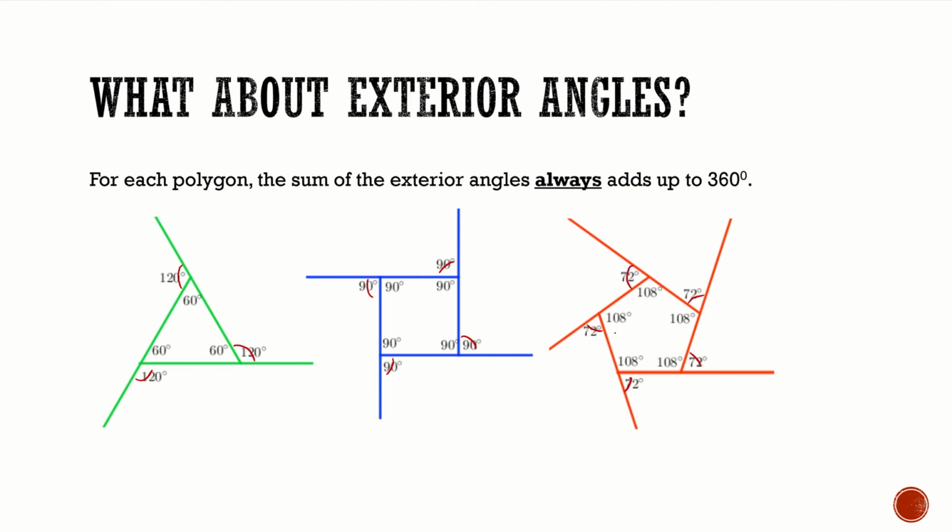The reasoning there is that the exterior angles, if you put them together, create a full rotation. And a full rotation, as you guys know, is 360 degrees. So basically what you have to know is that for each polygon, the sum of the exterior angles always adds up to 360 degrees.